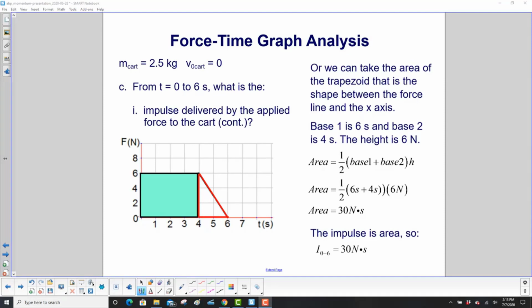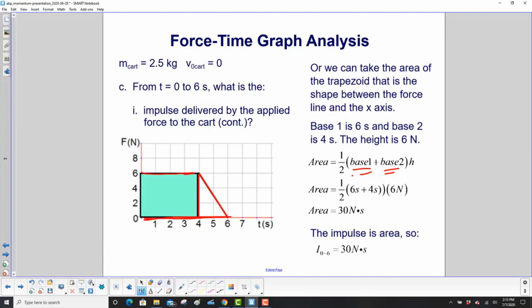But what if you didn't calculate the individual impulses due to the rectangle and the triangle? Well, hopefully, or maybe you didn't, I certainly didn't do this first time. This is a trapezoid. Okay, 1, 2, 3, 4 sides. And the area of a trapezoid is 1/2 times base 1 plus base 2, times the height, where base 1 here is the longer piece. So here's our base, that's base 1, that's 6 seconds long.